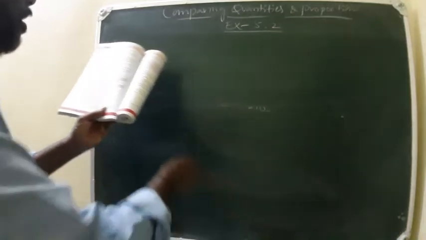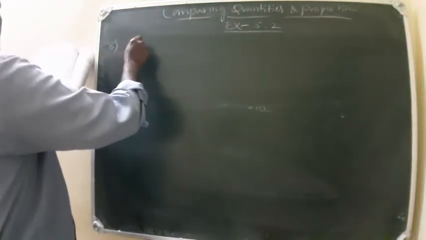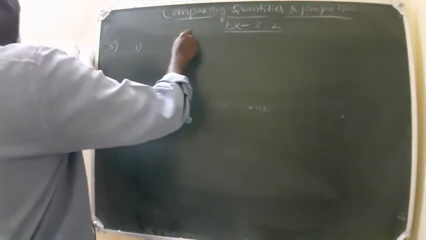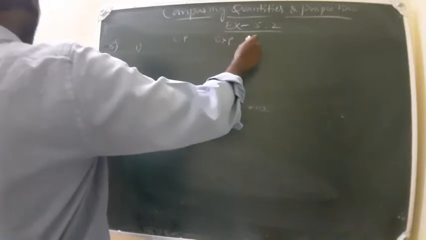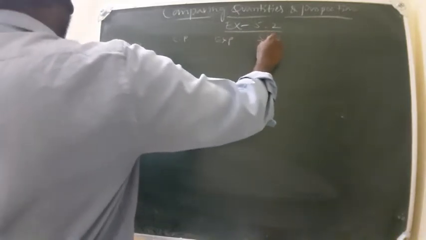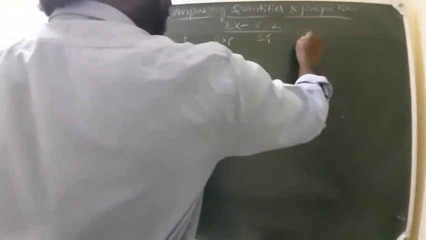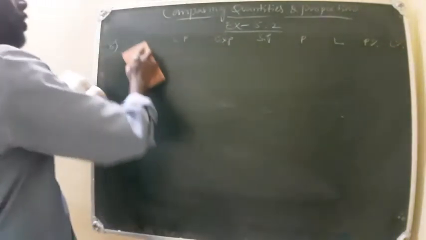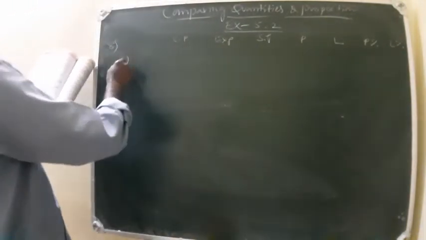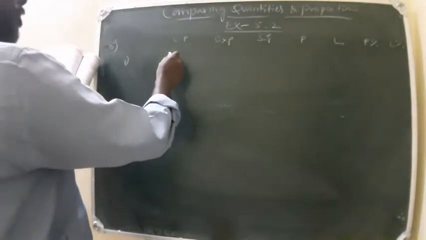First one. So in 8th first one, here CP, expenses, SP, profit, loss, profit percent, loss percent. How to do all these problems? So first one, what are given?